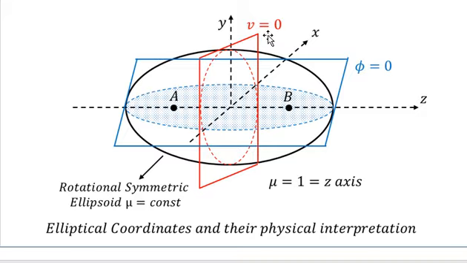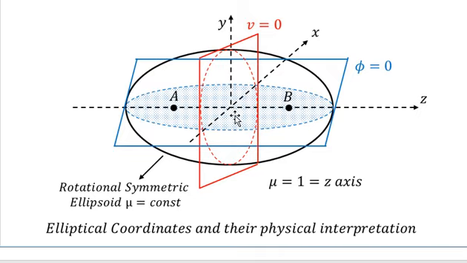Now I have nu equal to 0. Nu equal to 0 is also a plane which is perpendicular to the z-axis, and it is lying on the xy plane. But when nu is not equal to 0, then of course it will have a plane shown in red, again perpendicular to the z-axis at all times, but not passing through the center of the z-axis.